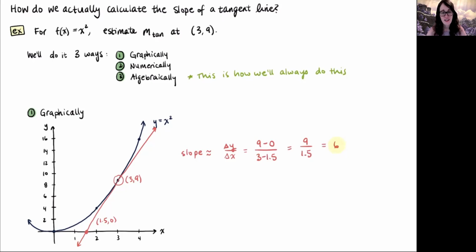So the next best thing that we might consider doing is a numerical way, actually plugging and chugging some numbers in and seeing what's going to happen here.